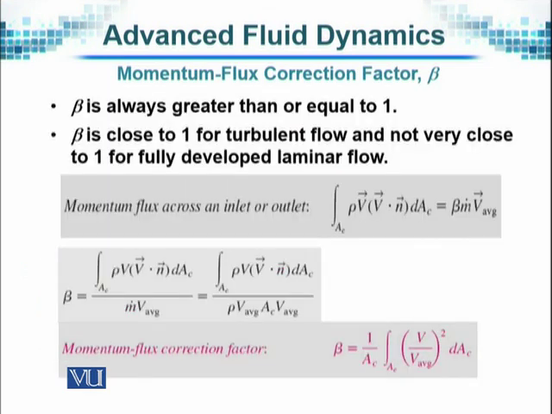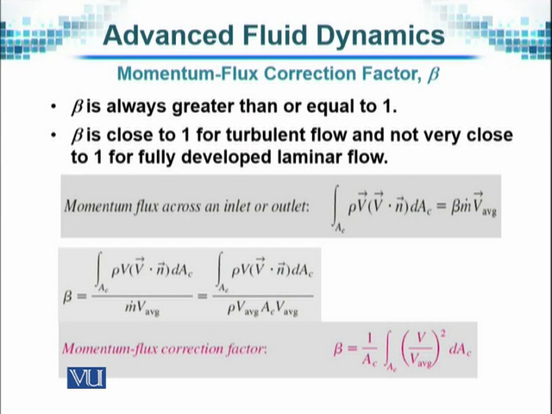And beta is always greater than or equal to 1. It has been found experimentally and mathematically also. It's close to 1 for turbulent flow. So if the flow is turbulent, normally it's close to 1, but it's not very close to 1 if the flow is developed in a laminar format.